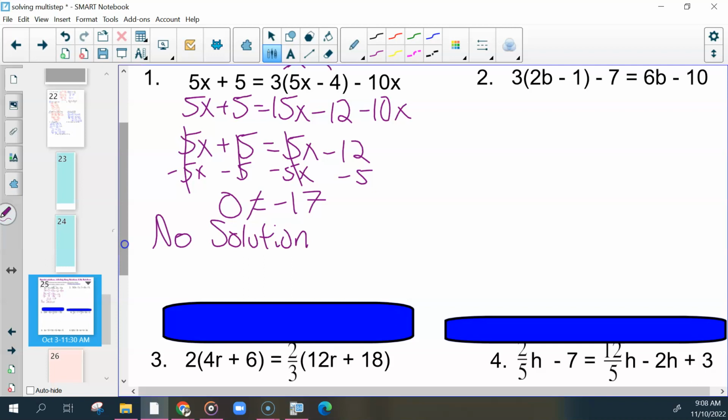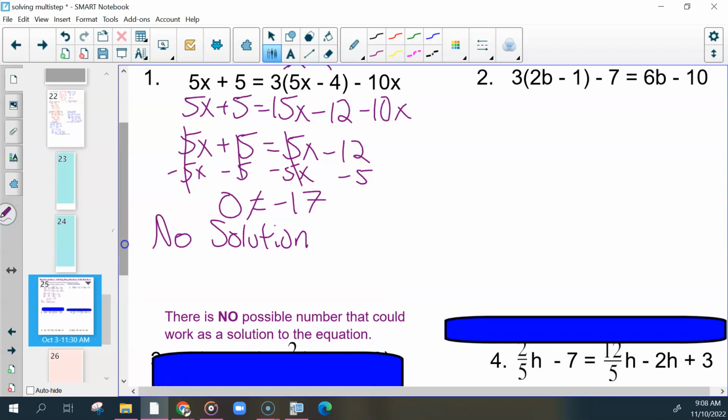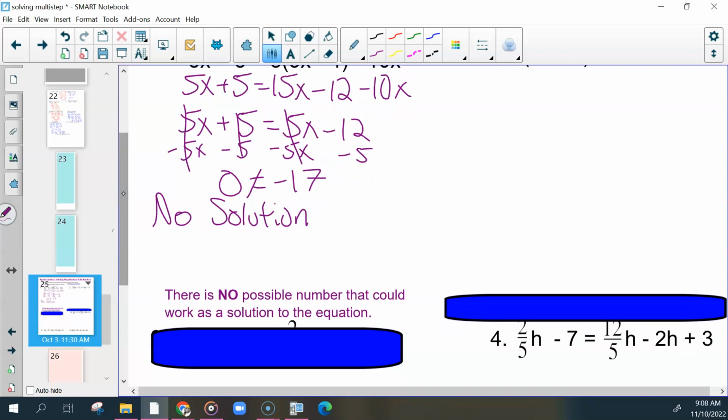And then this part that was blacked out, you can write this. You can summarize if you want. There's no possible number that could work as a solution to the equation. That may actually be at the top as well. I don't remember. Yeah, so you don't have to write it because it's at the top, but if you want it in your own handwriting, you can.